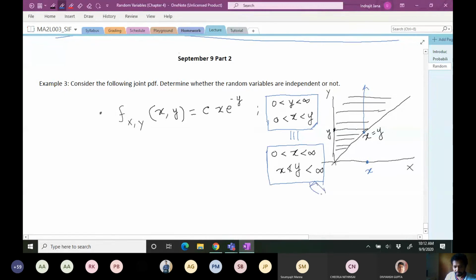The third way to write this domain is 0 less than x less than y less than infinity.